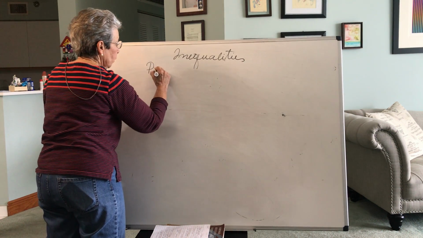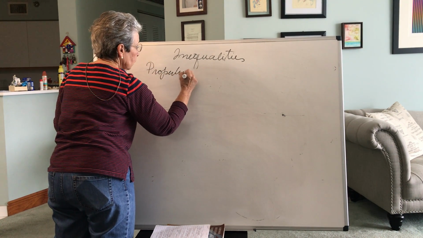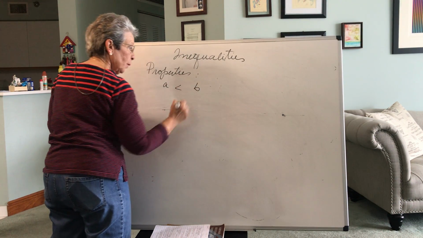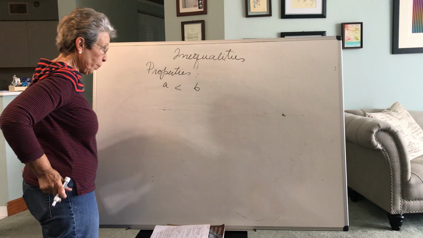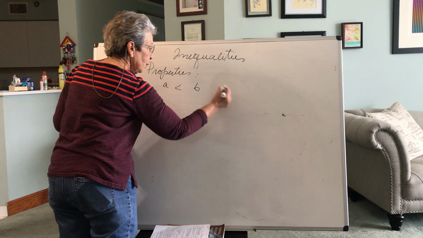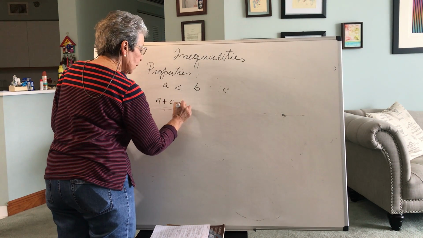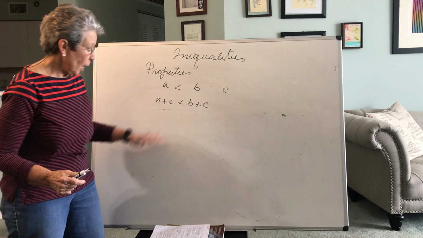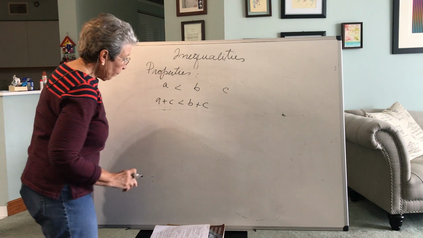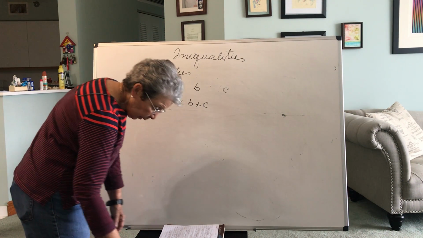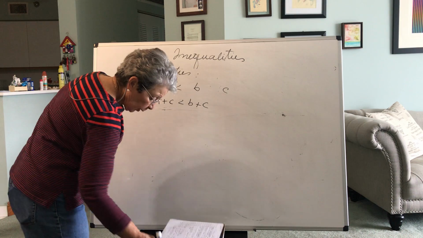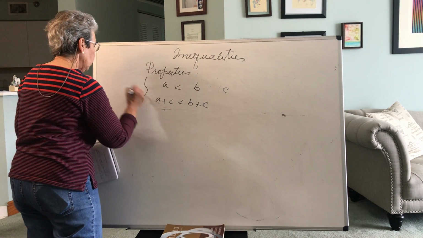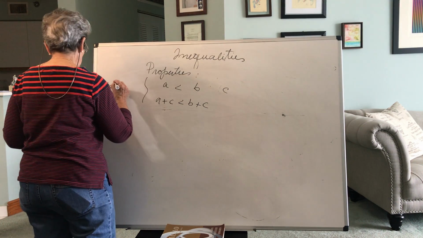If you have A less than B, this is the addition property: you add C to both sides, and A plus C is less than B plus C. This is the property of addition. Let me write it over here, addition.